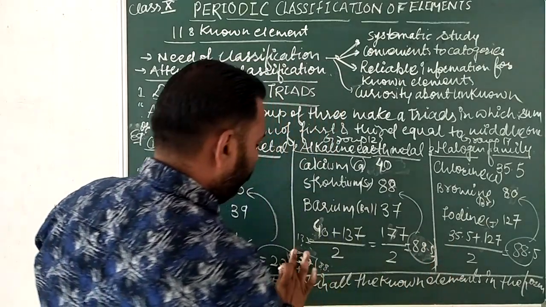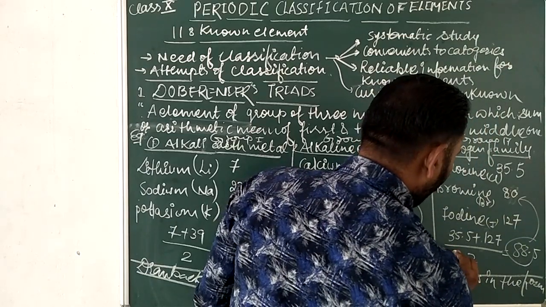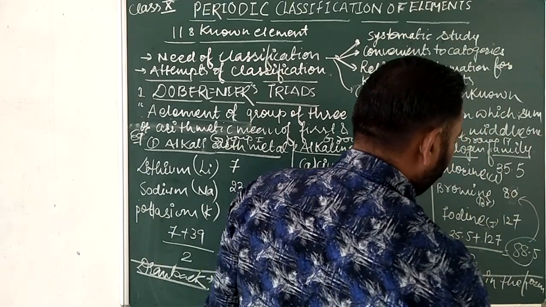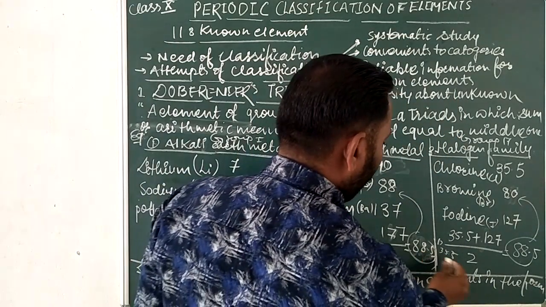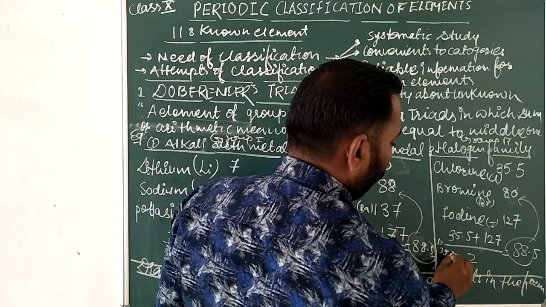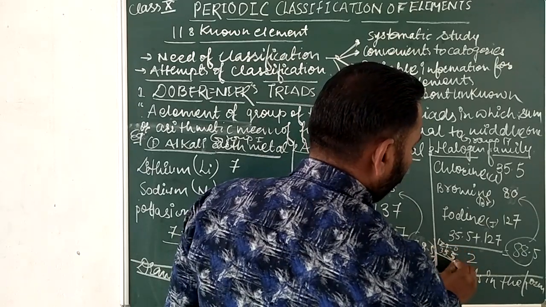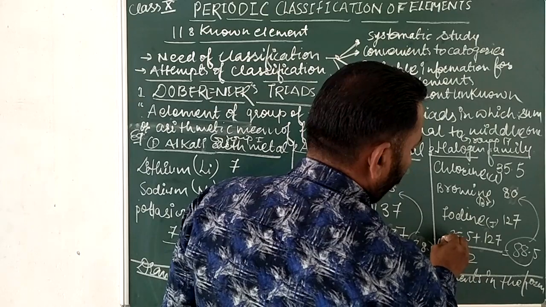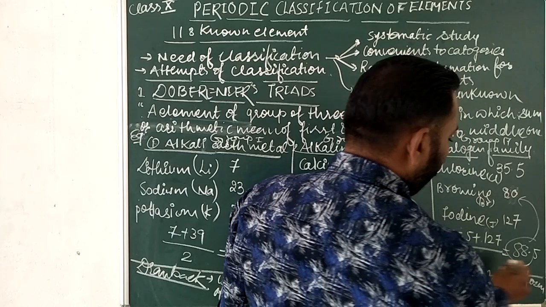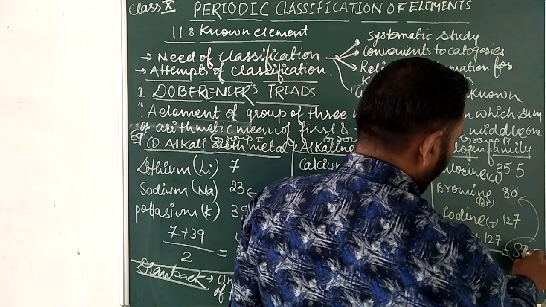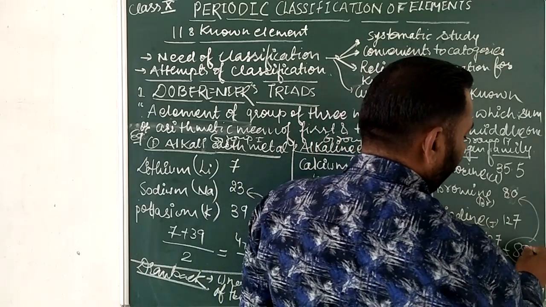And what will come here, then I can see 35.5 and 127, that is 162 point something, then half is 81 point, maybe 2 or 5 or like that will come.